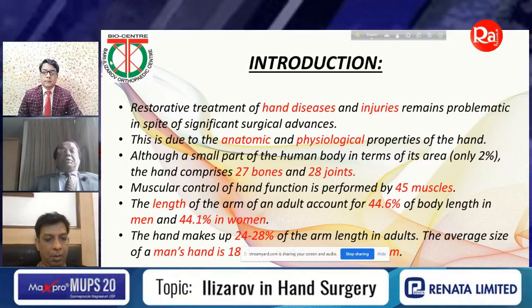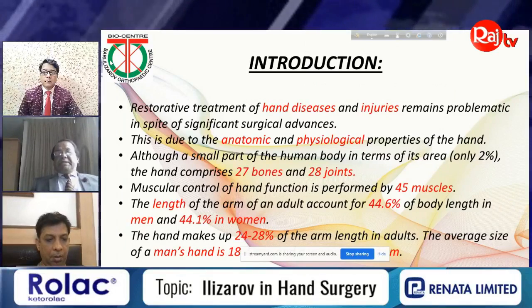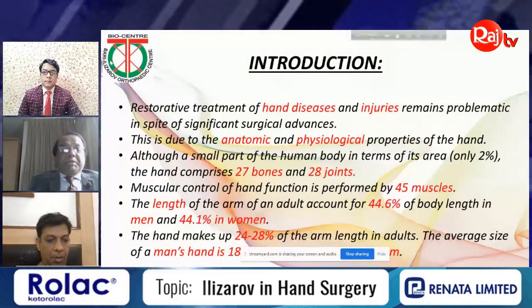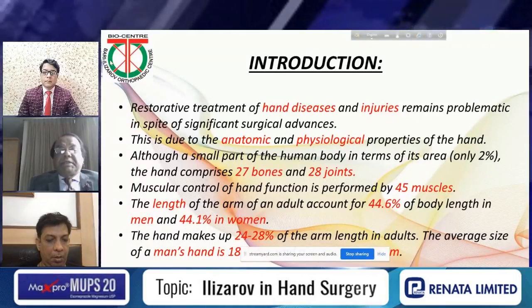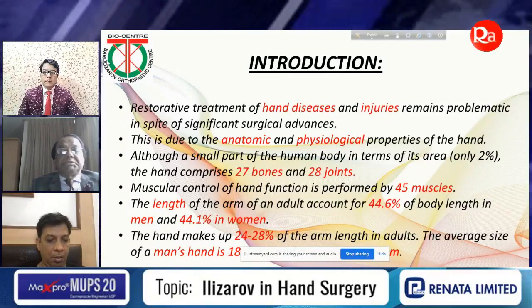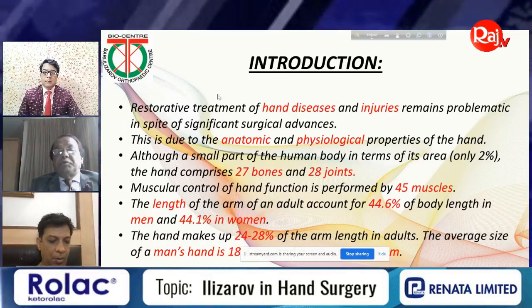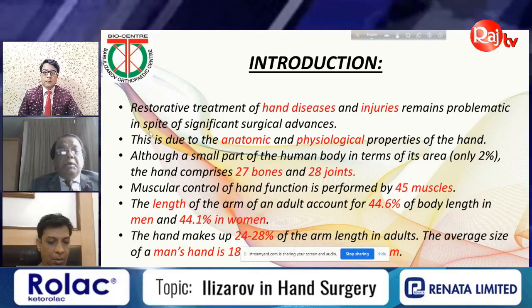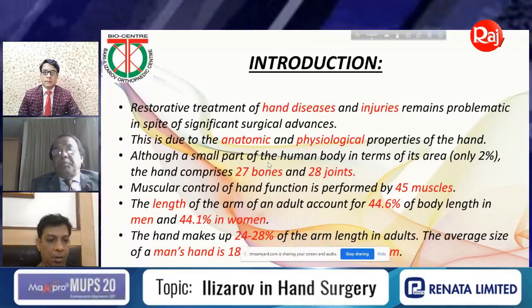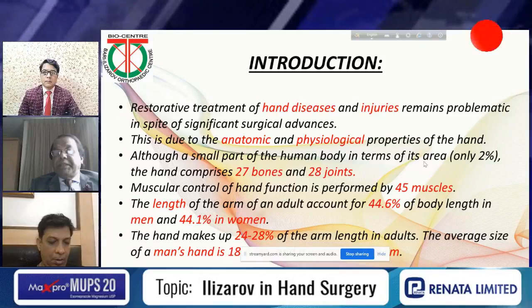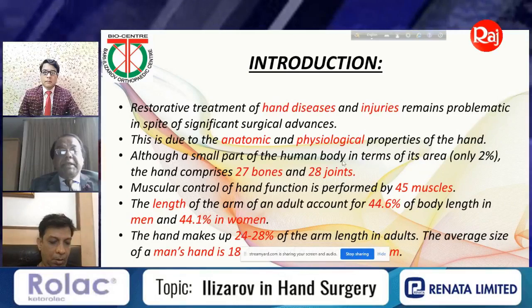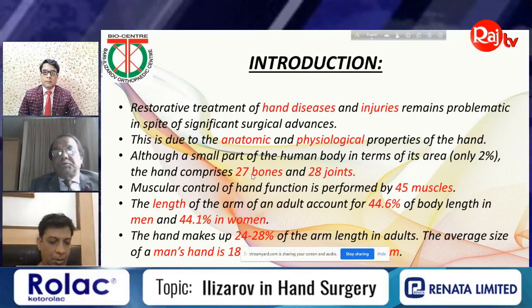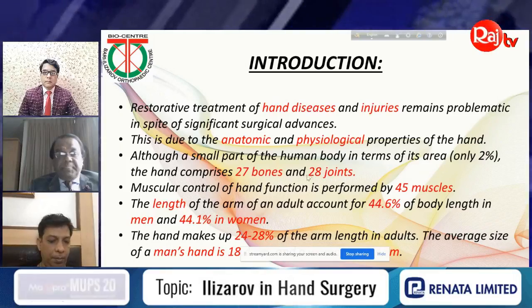Now, restorative treatment of the hand diseases and injuries remains problematic in spite of significant surgical advances. This is due to anatomic and physiological properties of the hand. Although a small part of the human body in terms of its area, only 2%, the hand comprises 27 bones and 28 joints.